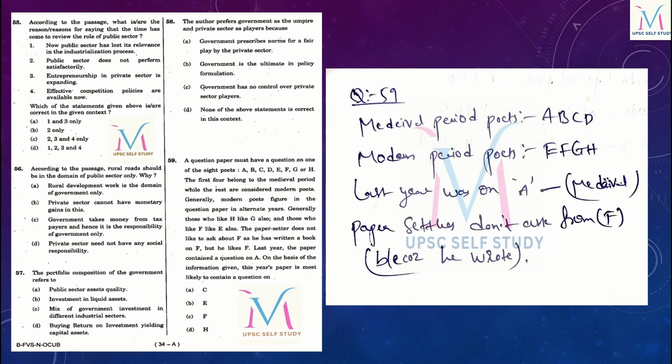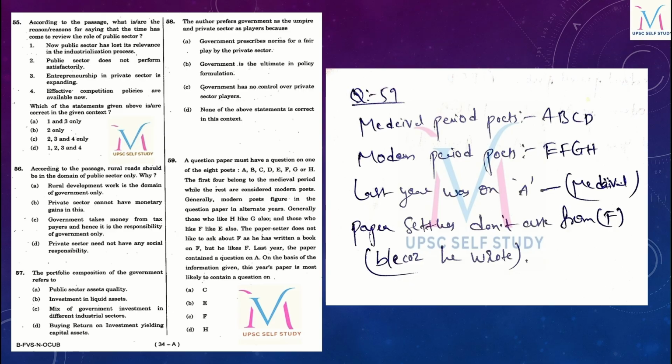We call it tenders or something. If they quote fairly, the government will give it to them. So for question number 58, answer A is correct.